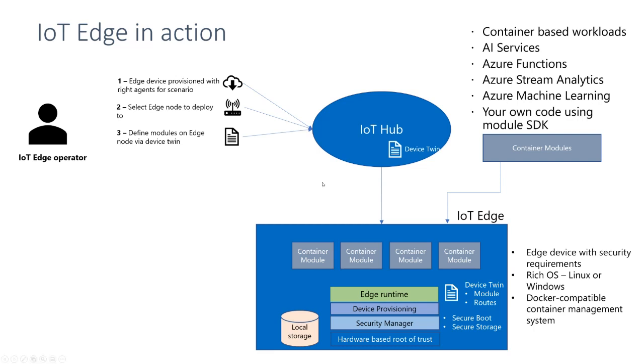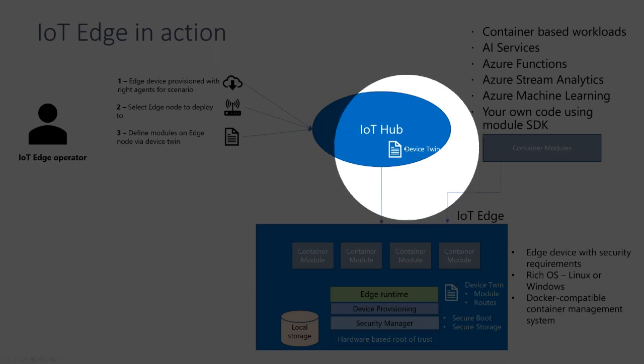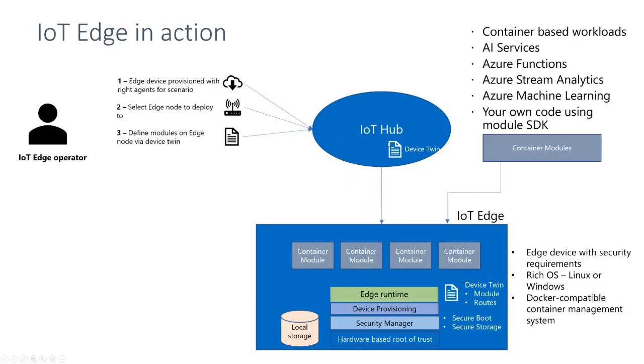So what this is actually depicting is that there is what's called a device twin that's stored in Azure that actually depicts what the desired state is of the modules you want to deploy onto the Edge. And by that I mean what sort of containers and so forth you want to have running on the Edge.